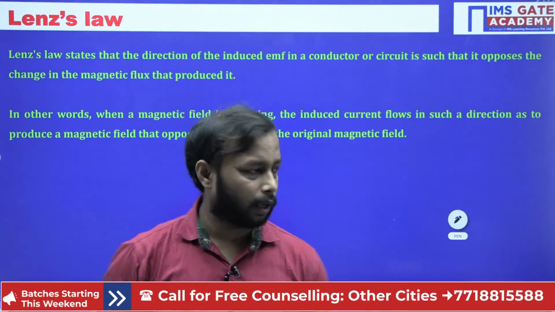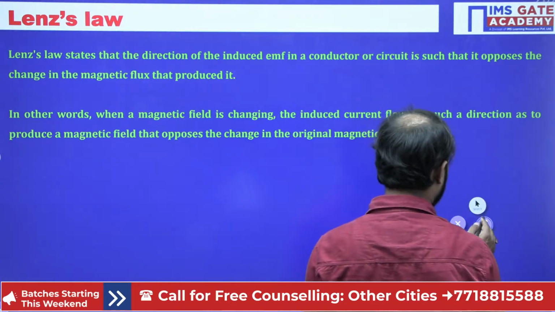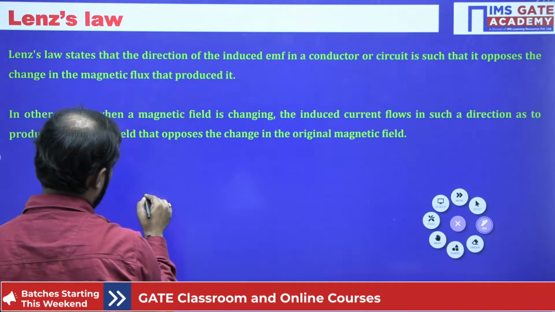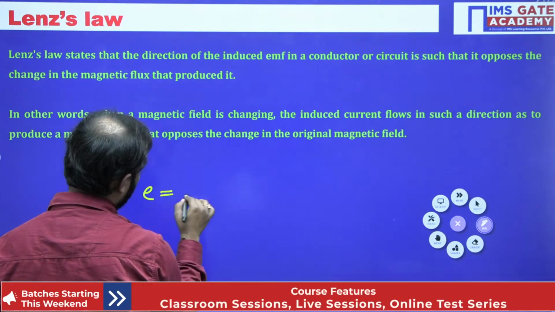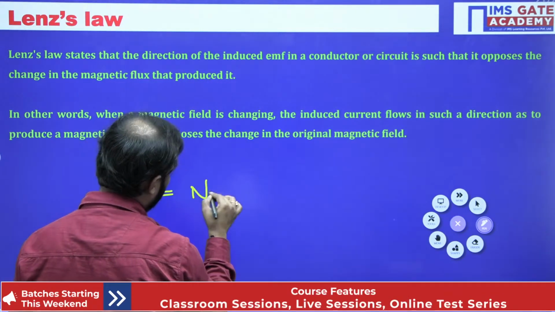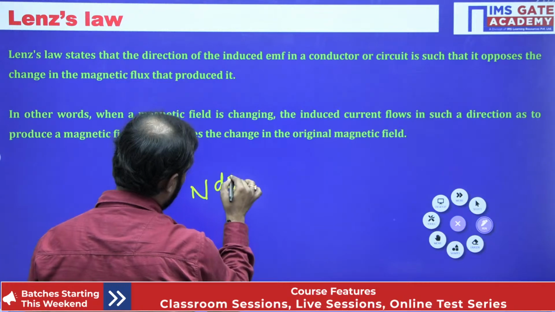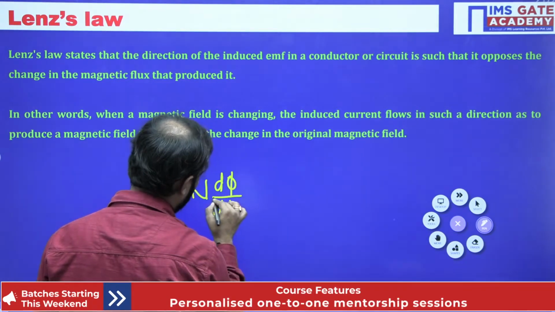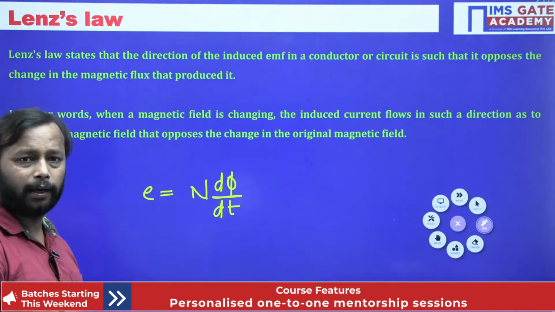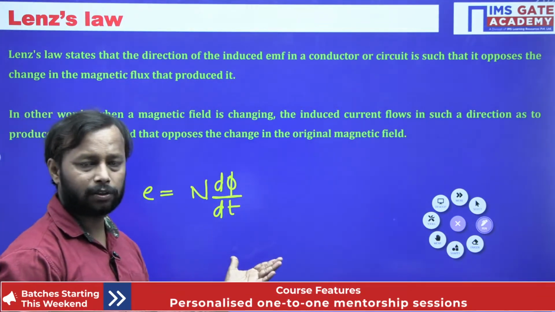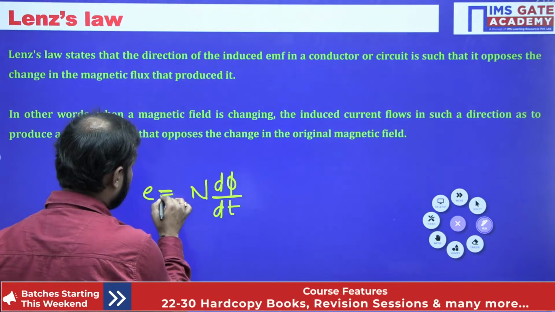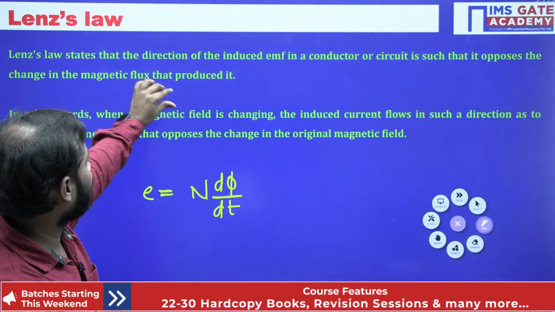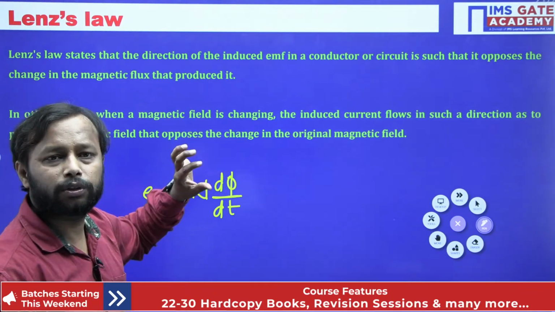So in short, E equals n d phi by dt, this was Faraday's law, and it opposes the magnetic flux that produced this EMF.